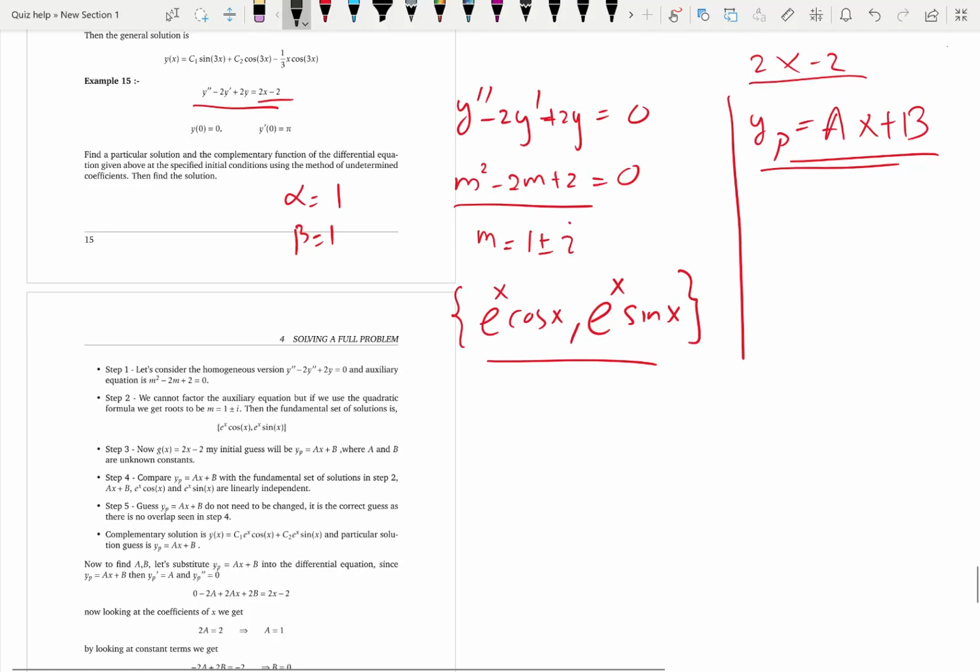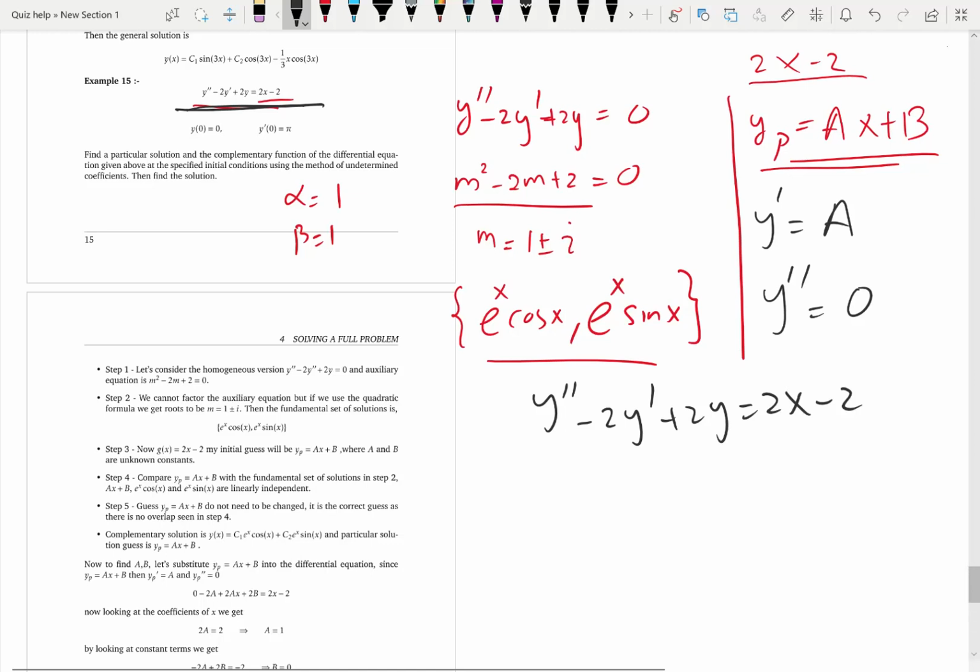Now what we do is we need to substitute into the non-homogeneous differential equation. So let's find y prime. If you differentiate ax plus b, you get a. The second derivative, the derivative of a constant, is 0. So much nicer. So let's substitute. y double prime minus 2y prime plus 2y is equal to 2x minus 2. Okay.